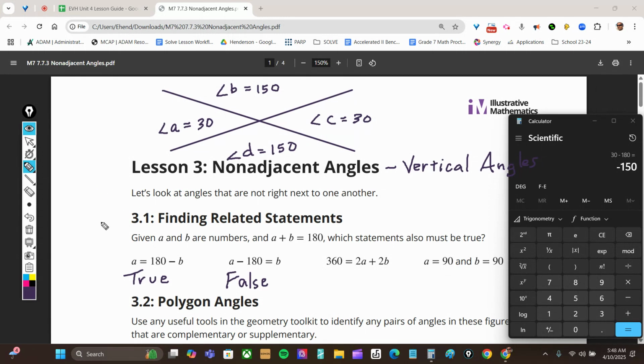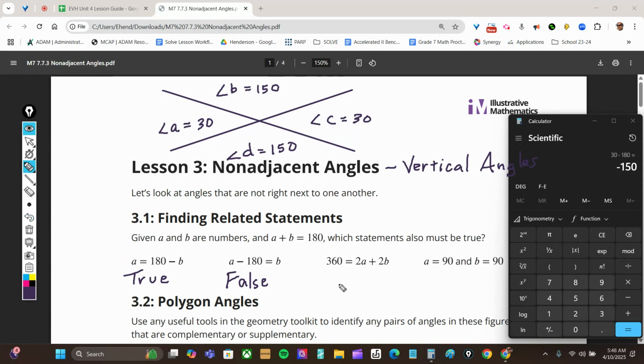All right. Next one. 360 equals 2 times A plus 2 times B. Okay, so that's obviously going to be true. We're basically multiplying everything here times 2. You don't have to write that, I just wanted to show you.